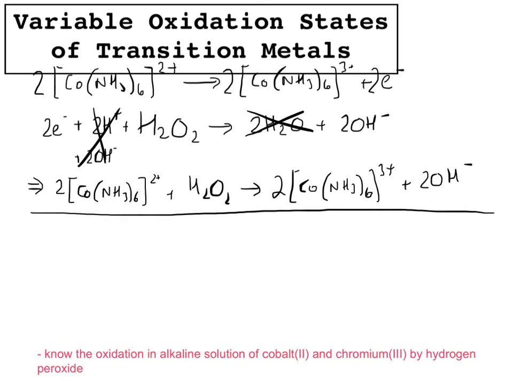So, first off, we need to know what the complex is that chromium-3 forms when it's in alkaline conditions. So, if we start with the chromium-3 hexaaqua ion, and then add excess sodium hydroxide, what we end up with is chromium with 6 hydroxide ions around it, and that's one of the complexes you need to know.